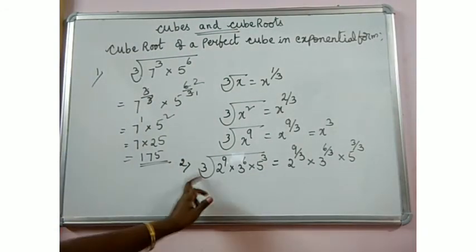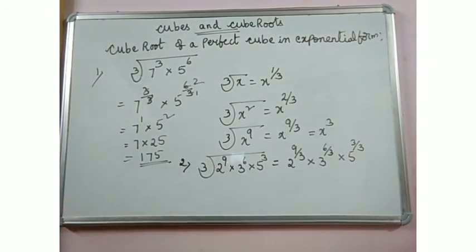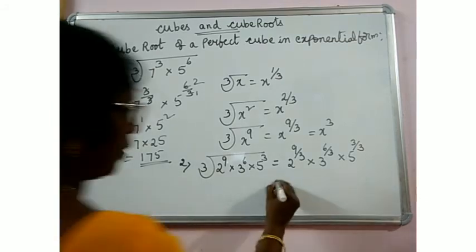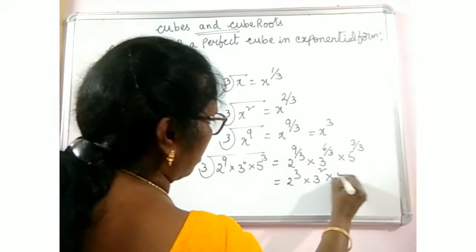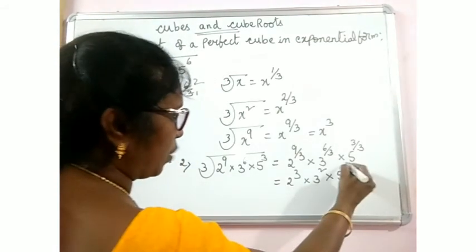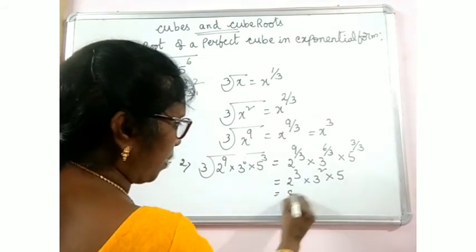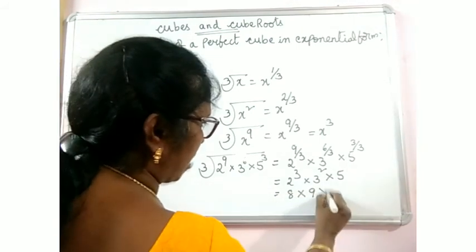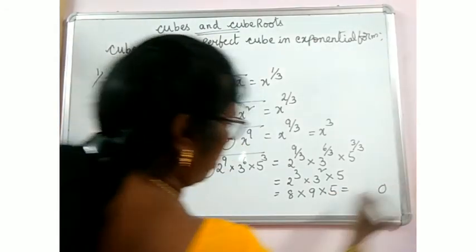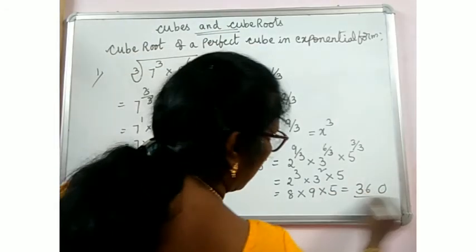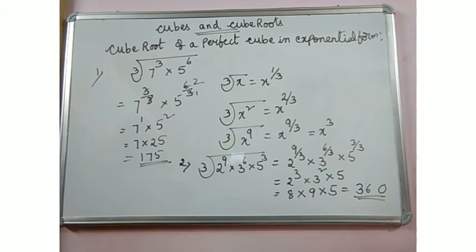That means cube root means when you open the cube root, powers will be divided by 3. You will get here 2 cube into 3 square into 5. Power 1 you may or may not write. 2 cube is 8. 3 square is 9 into 5. 8 5s are 40. 0. 4 9s are 36. You see children, how I have multiplied.